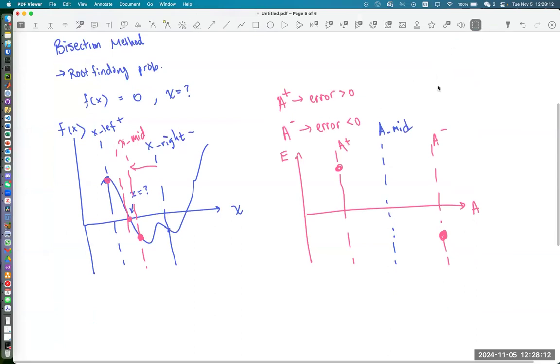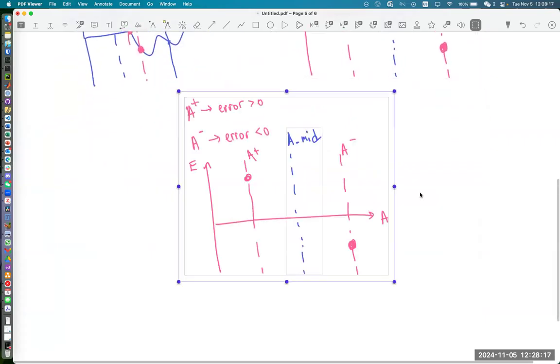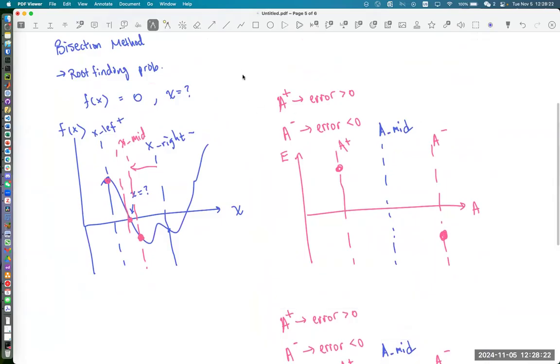So the first, copy this. There are 2 scenarios. So if the error at A middle is positive, so let's say it's here, we want to discard the left interval because it's not guaranteed that there is a 0 in between here, but we want to keep the right boundary because it's by intermediate value theorem, it's guaranteed that it will cross the 0.